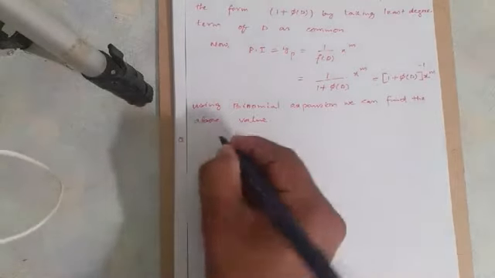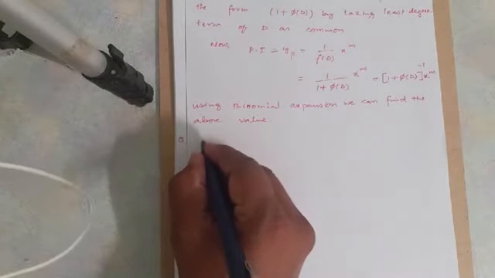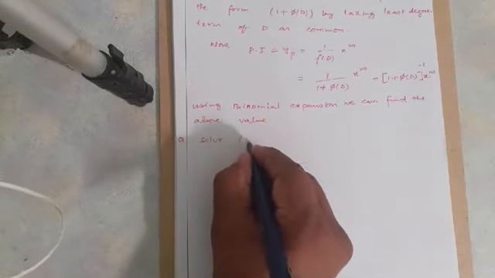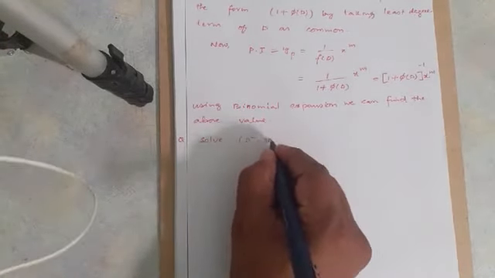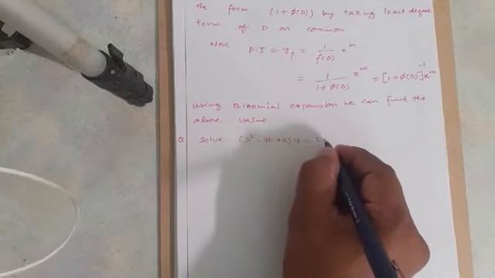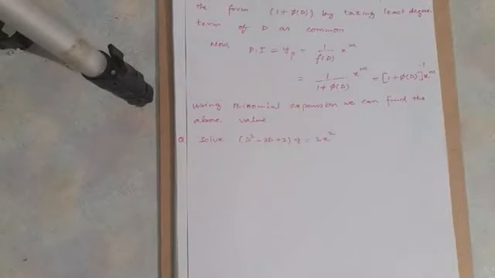So now the problem is: solve D square minus 3D plus 2 into y is equal to 2x square. So this is a problem.